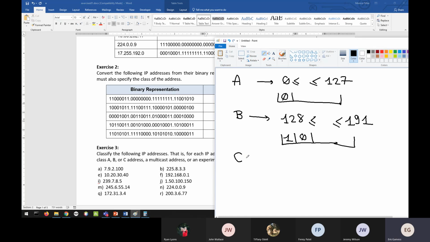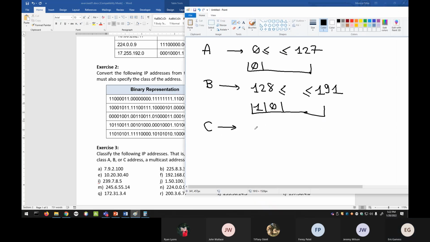What can we say about the class C? The first byte is between 192 and 223, like they told us a few seconds ago. And what can we say about the first three bits? They will be 1, 1, 0.